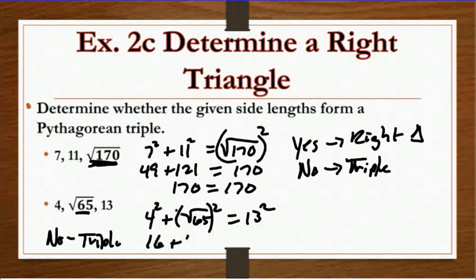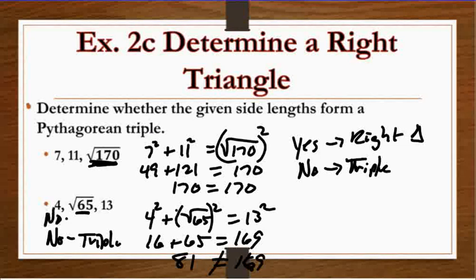So 16 plus 65 has to equal 13 squared, which is 169. 16 plus 65 is 81. 81 does not equal 169, so no, it's not a right triangle.